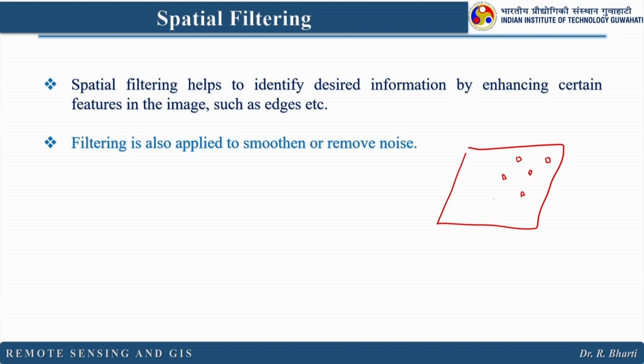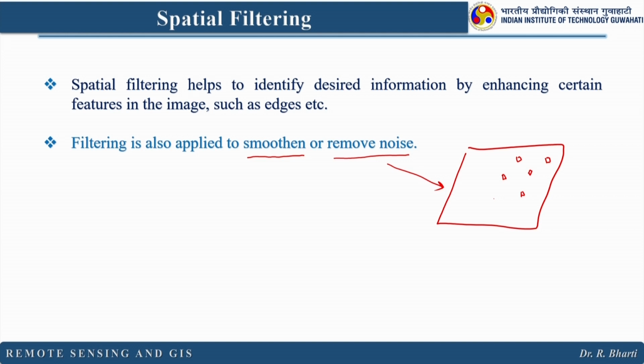Filtering is also used to smoothen and remove noise. Suppose you want to map the forest area of the whole of India, and you have a very high resolution image, say 1 meter resolution, which is not required to map the forest area.